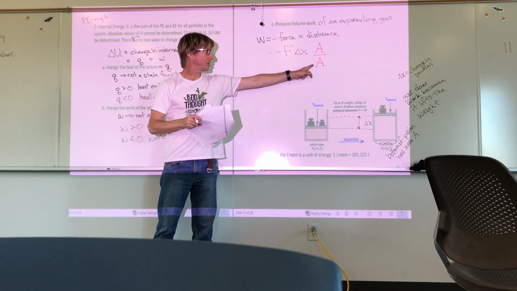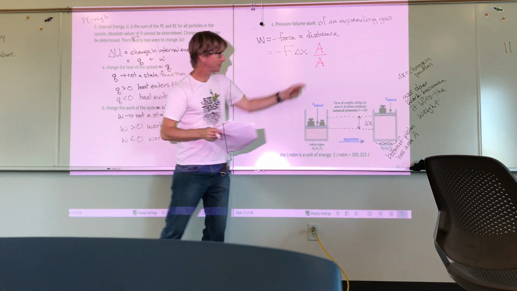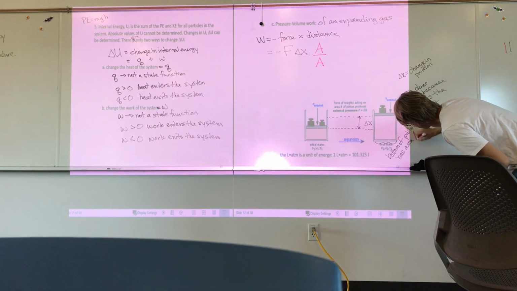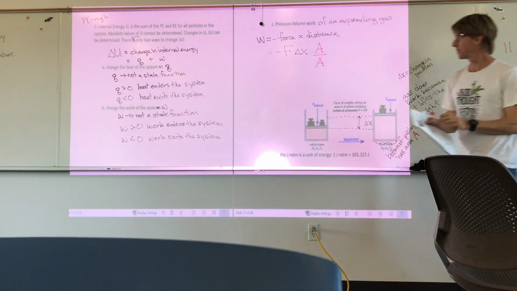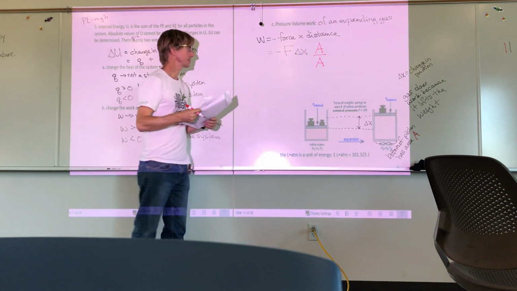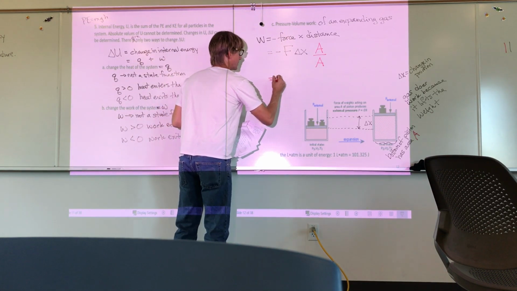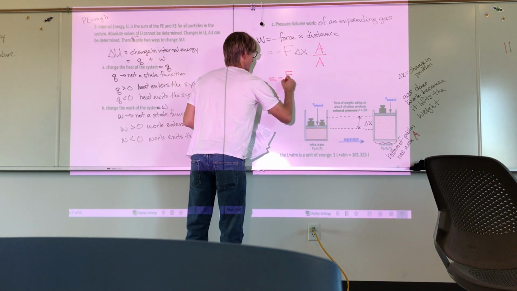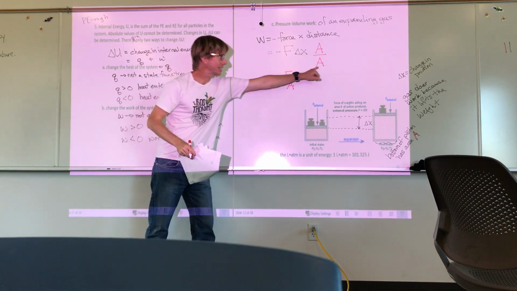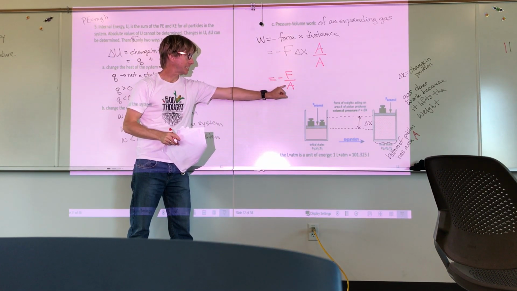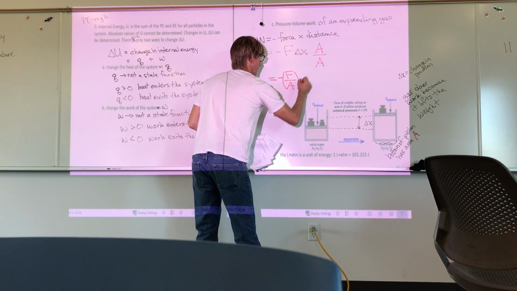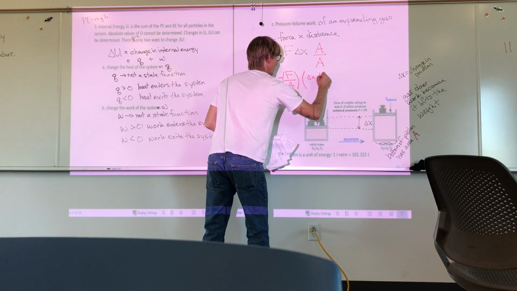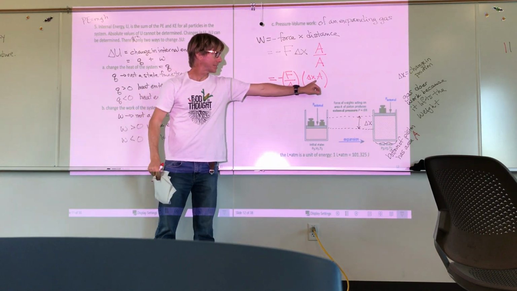And I'm going to multiply both sides by the area A. And since A over A is just 1, it's like I'm multiplying it times 1, which is fine. I'm going to take this A over here to get minus F over A. And I'm going to keep the other A over there.